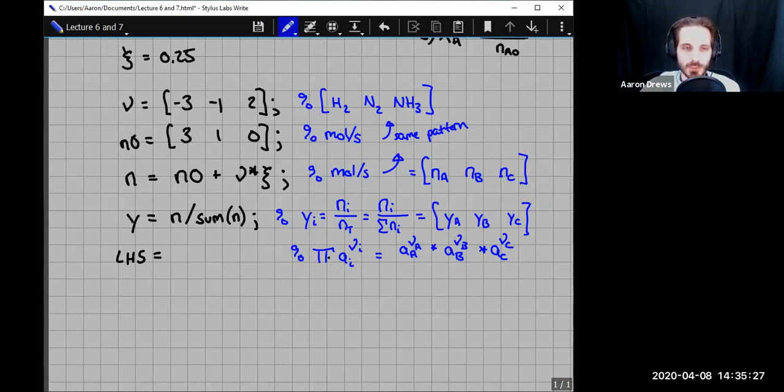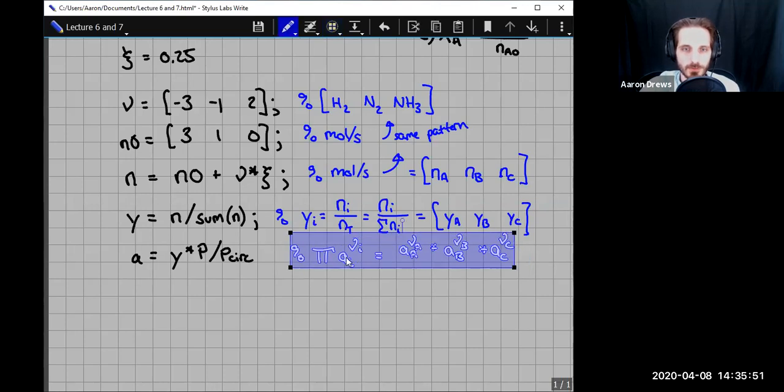Remember, for our particular example, a sub i is equal to y, but if we wanted to be very general about it, we could write a is equal to y times p divided by p circle, right? That would be perfectly fine if we wanted to do something like that.